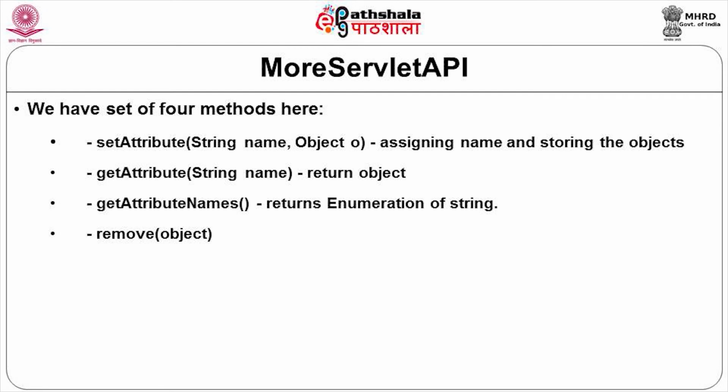So add those methods in the list of methods for servlet context, same set of methods as for servlet request. With this, I think we can have more meaningful servlets being created, where the ability to share objects has also been added for us.